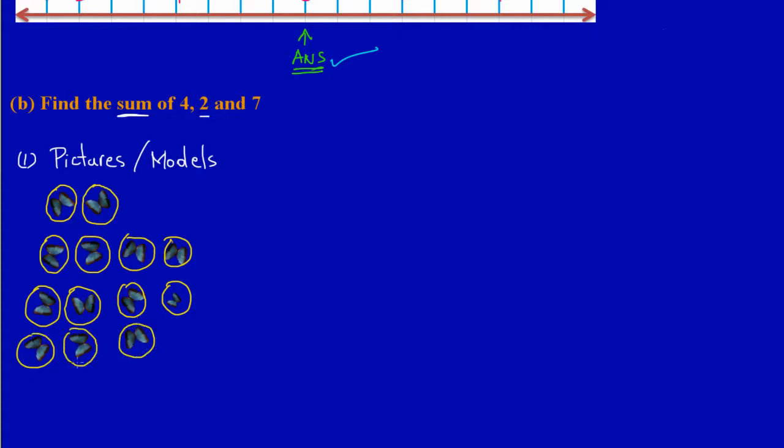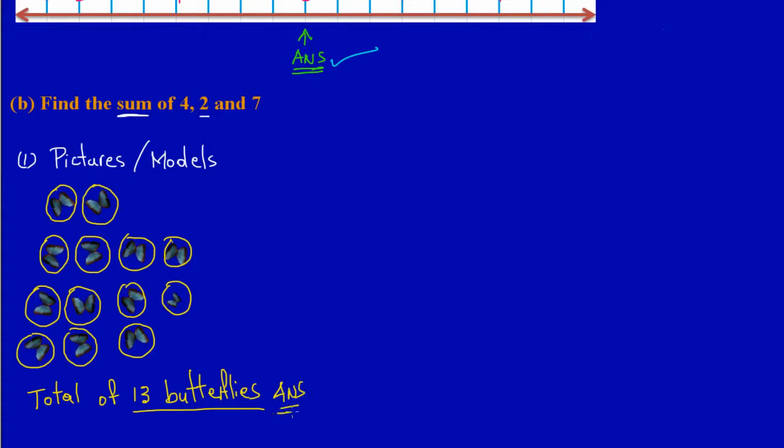So I would have a total of 13 butterflies. In using models, basically that's how we add single digits. Using our pictures or models, we have a total of 13 butterflies for our answer.